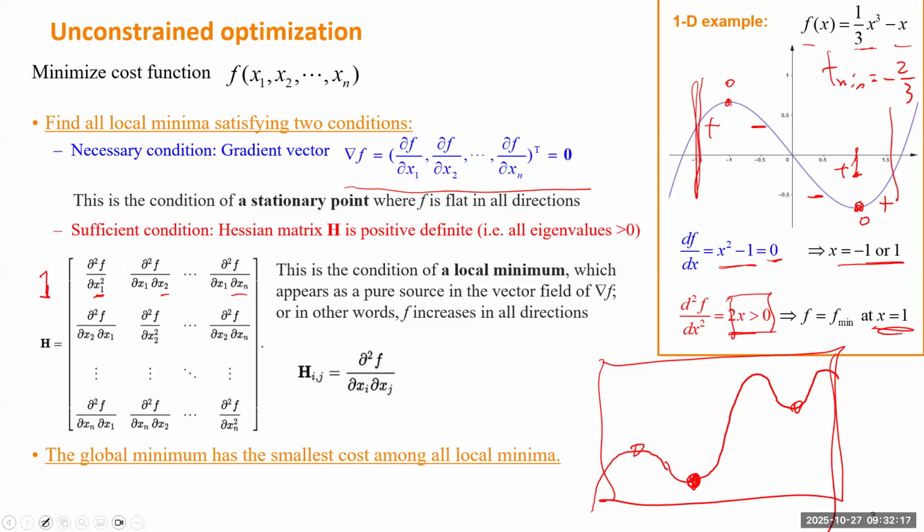But if you miss this point and only check this local maximum and this local minimum, and you don't compare the values, you may recognize this local minimum as the global minimum, which is actually even higher than another local maximum. So you have to make sure to find all stationary points without missing any. Then the smallest one will be the final solution. Okay.